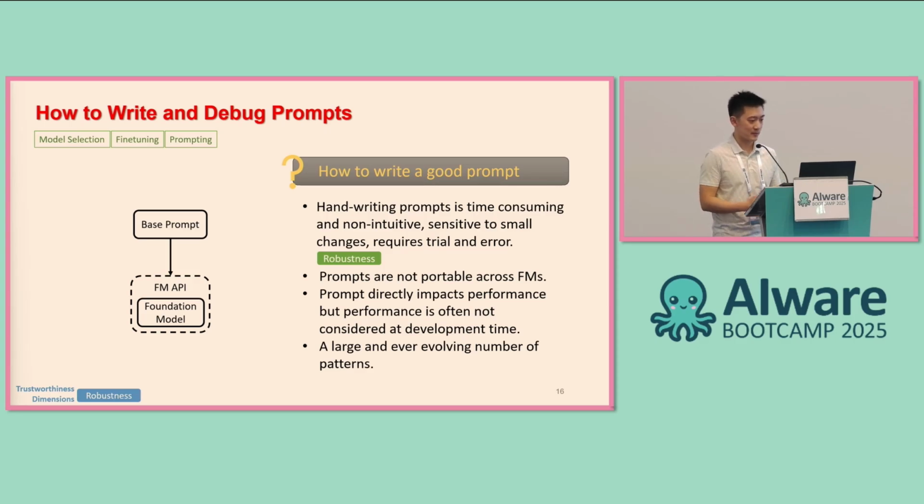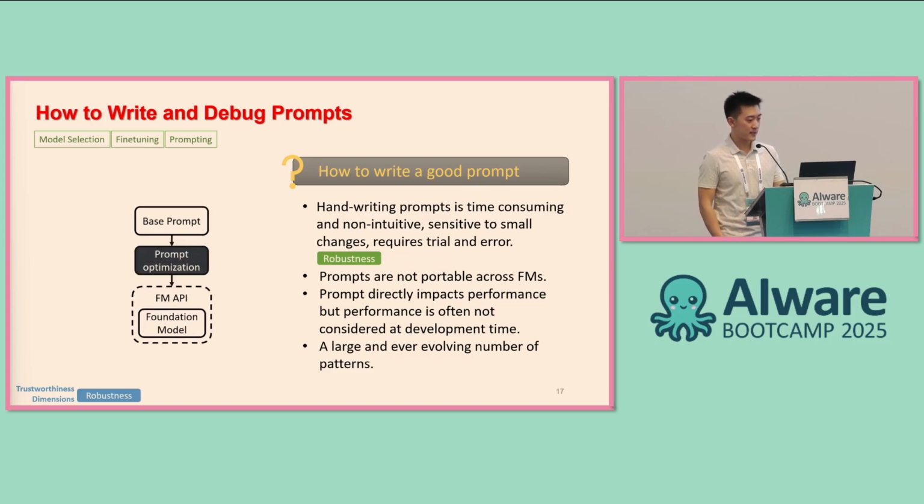and utilizing the prompt. And what's worse is that if you are changing your model underneath and porting it to a different model or a new version of the model, like GPT-4 to GPT-5, or from GPT to Gemini, then all your prompts become suboptimal again. You have to tune them again. That's why a lot of times, people will add another layer in between, which is the prompt optimizer.